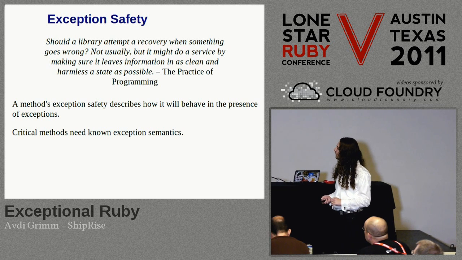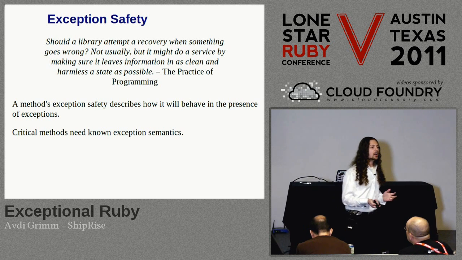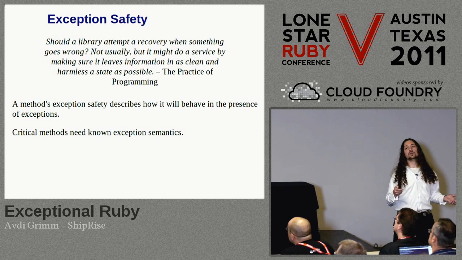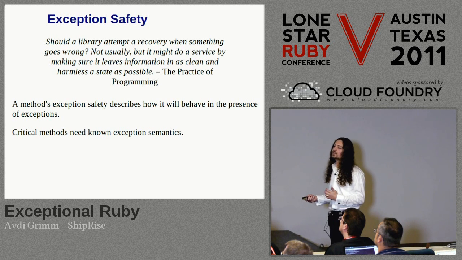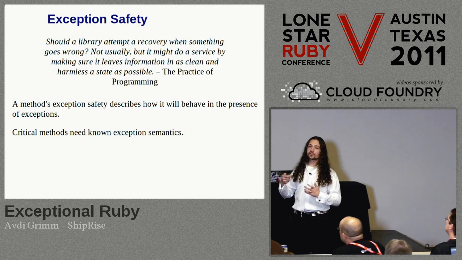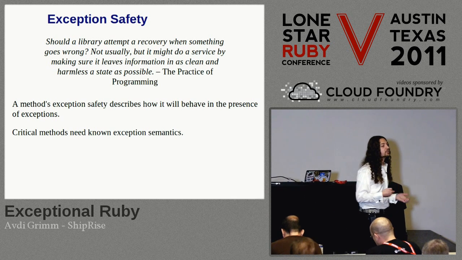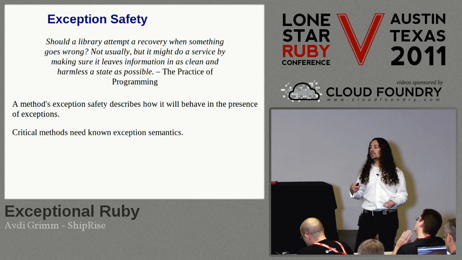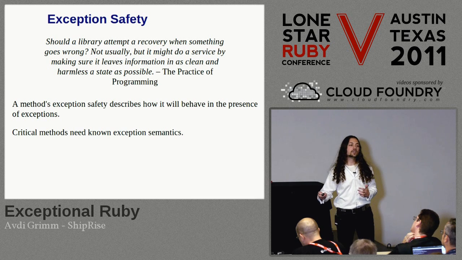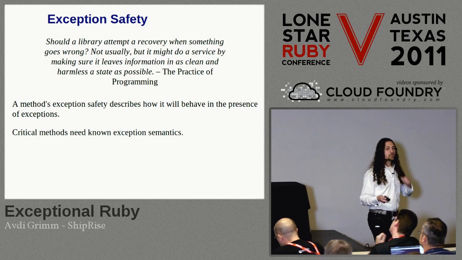And this is a little scary. And it causes us to think about, how will this method behave in the presence of an exception? And there's this old concept called exception safety, which describes how a method will behave in the presence of an exception.